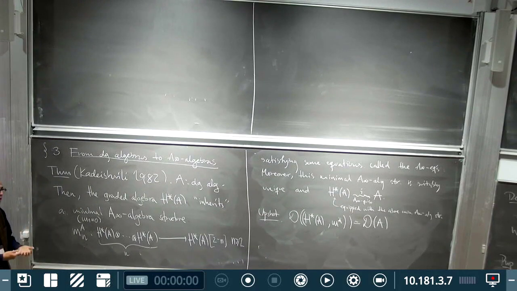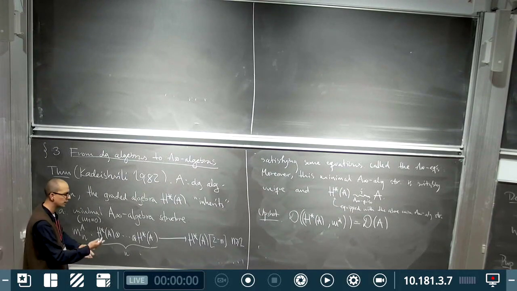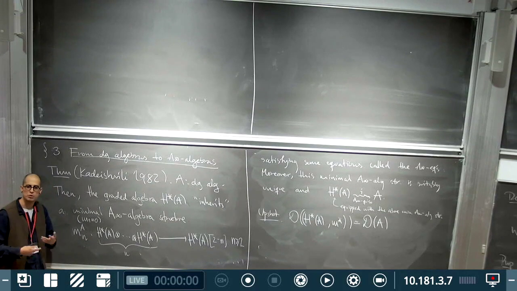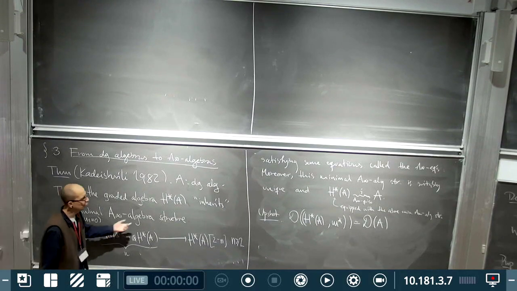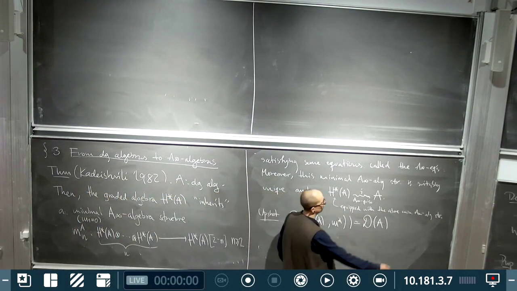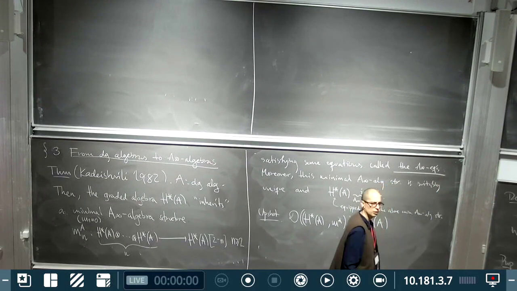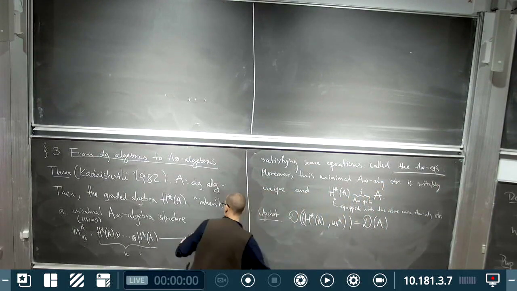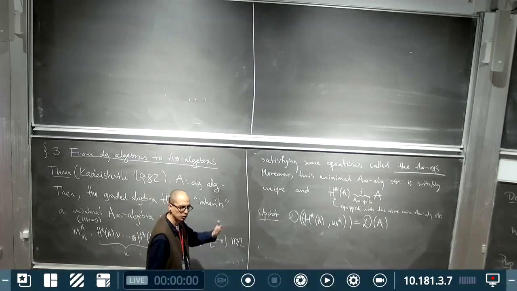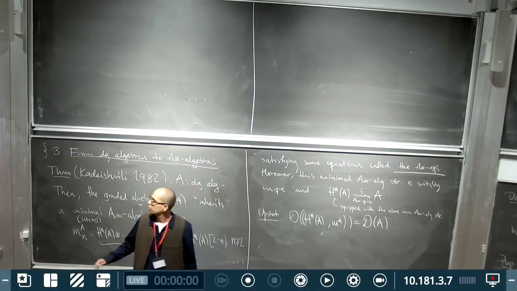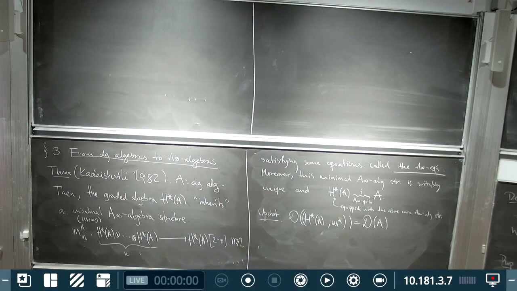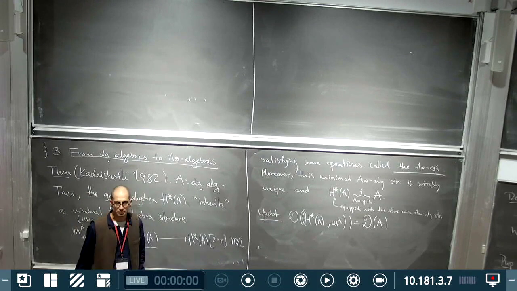The way I like to think about it is that now I have access to these additional operations and I can study them with, of course, these same A-infinity equations. So I have some more operations and some explicit equations that I can look at in order to understand this kind of invariant. So with this, we will continue next time.